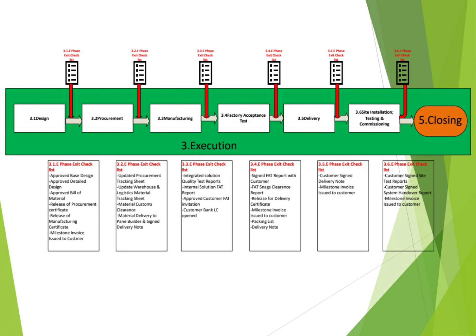Once you have delivery, you need to check your contract to see if the site installation activities are within your scope, or your customer will do the installations, and after that you will come to the testing and commissioning. So based on the contract, you will start the site installation, testing and commissioning once your customer informs you that the site is ready.